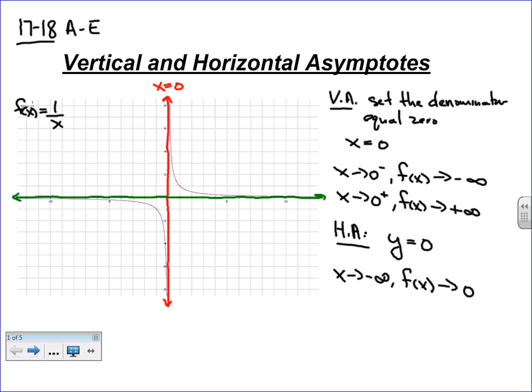And on the other side, as x approaches positive infinity, my purple graph is getting closer and closer to 0. So this is just some notation. And then we're going to use this now to identify the vertical asymptotes and the horizontal asymptotes when I give you the equation instead of just the graph.